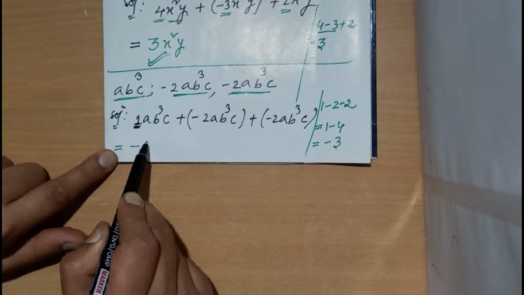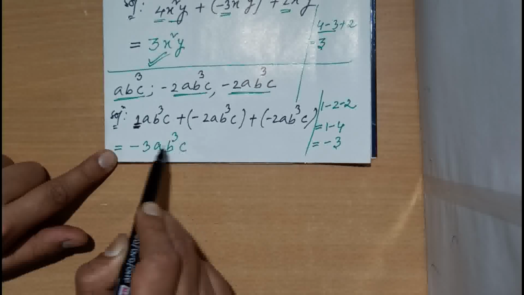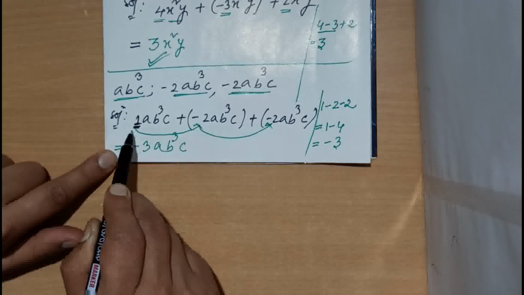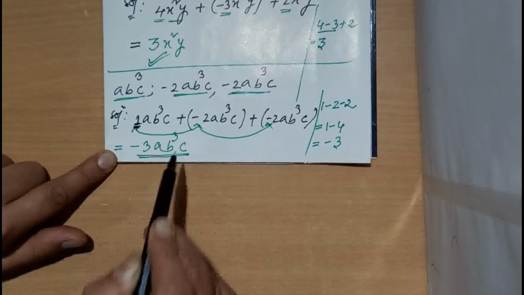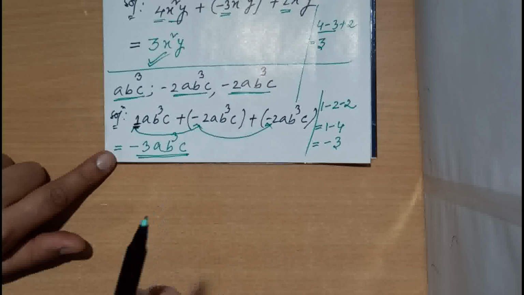I am adding all these numbers, which will give you minus 3ab cube c.